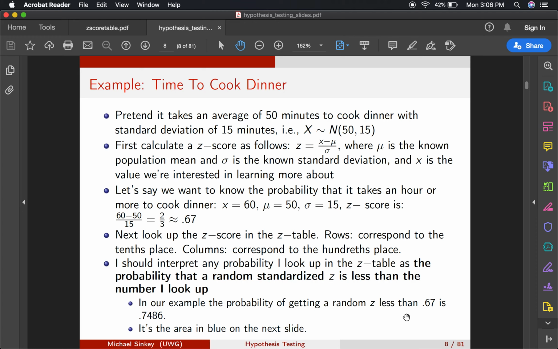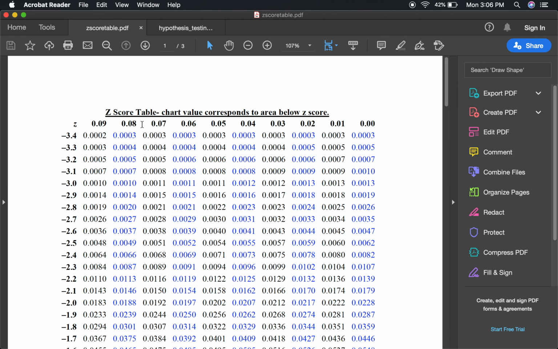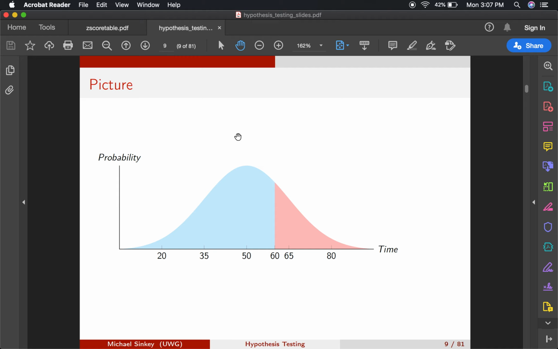The z-table is a very extensive chart of probabilities. It is a probability of less than. So all the z-table does is provide us areas in blue.